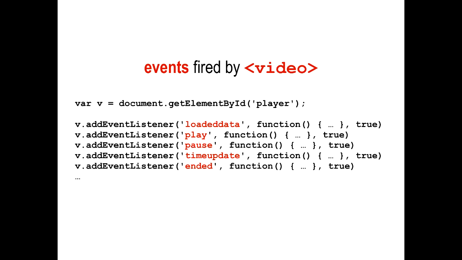And obviously, there's also a myriad of events defined, so that if you've got a video element, you can really start to hook into all the various things that can happen. Has it loaded enough data? Has it started playing? Has the user paused the video, or some other script has paused the video? Has the time changed, as in the video is playing every, I think, 100 milliseconds, although it's not quite defined, it might change depending on which browser you use.